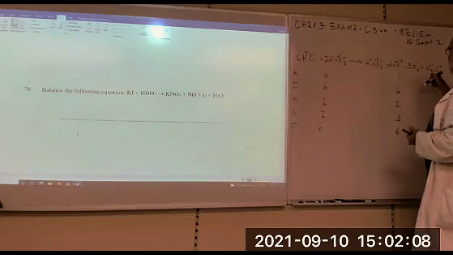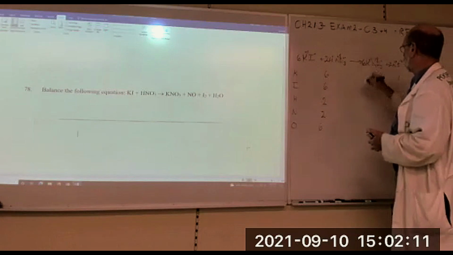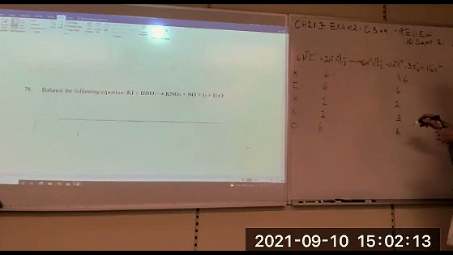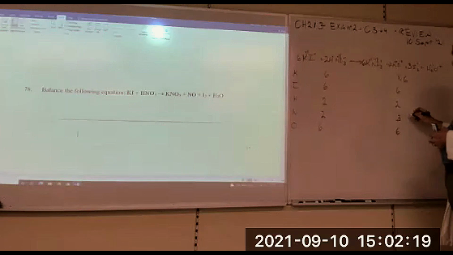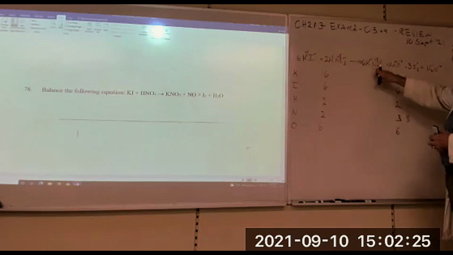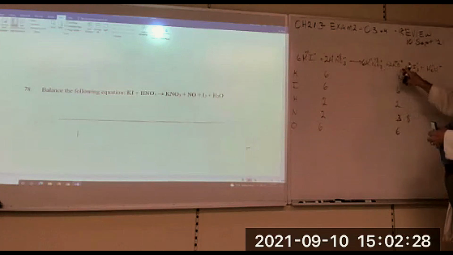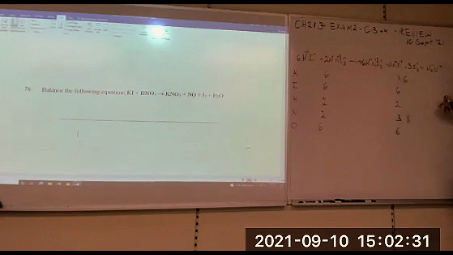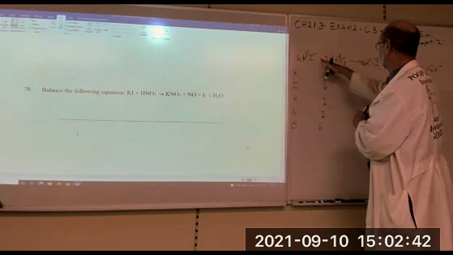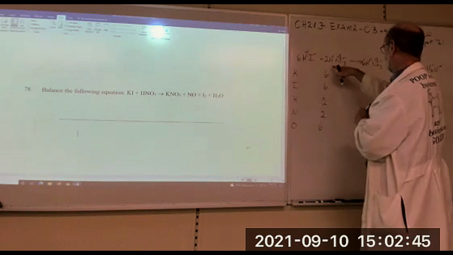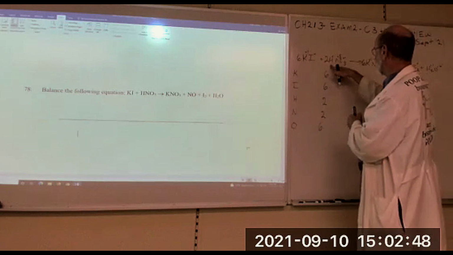We need 6 potassium on this side, don't we? 6 potassium. What does that do to nitrogen? 6, 7, 8 nitrogens. Okay? But it also gives us more oxygen. 3 times 6 is 18, 19, 20, 21. Okay? Now, how about nitrogens on this side? We need 8 total. So if we multiply this one, make this one 8, or increase it by 4.